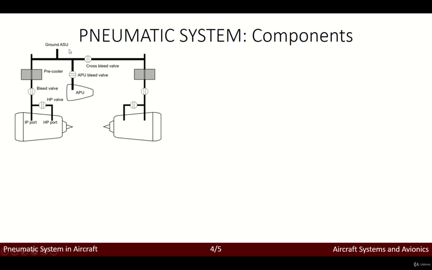It's a way of visualizing that by choosing to connect this cross bleed valve or not, we can always supply energy or air to the different components and subsystems of the aircraft. This is the idea.